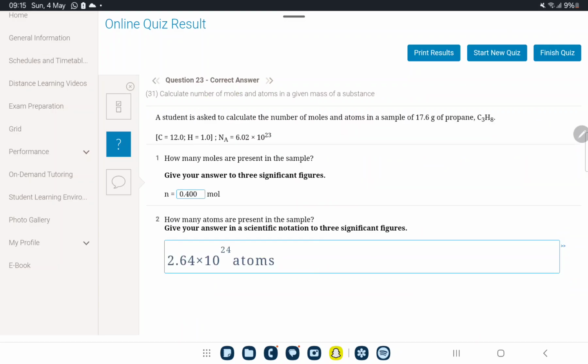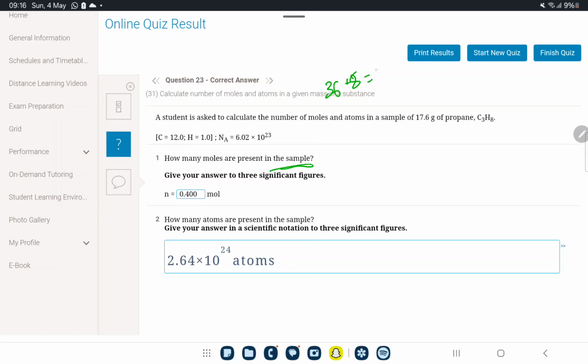We want the number of moles in the sample. It is 17.6 grams of propane. So we want moles. First we find molar mass. 12 times 3 is 36, plus 8.